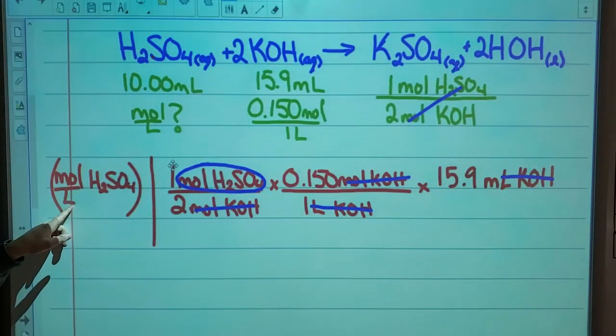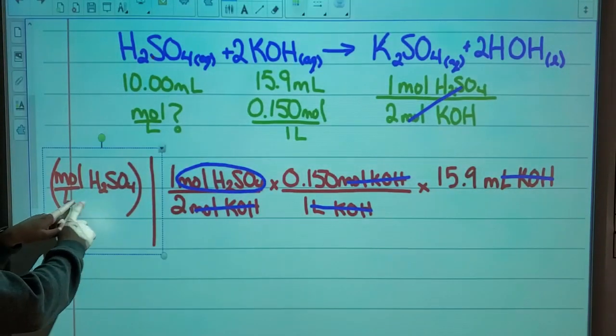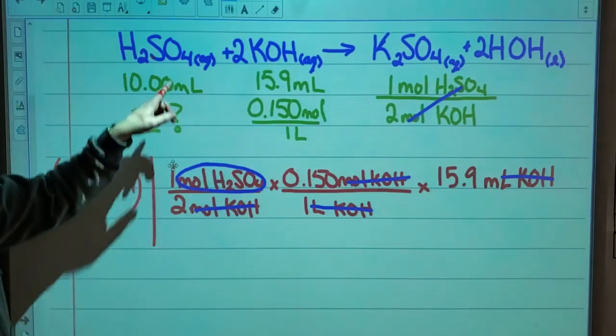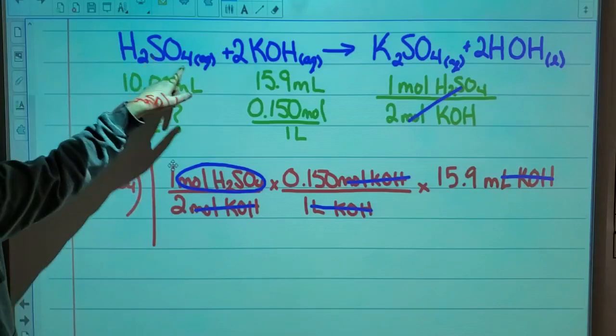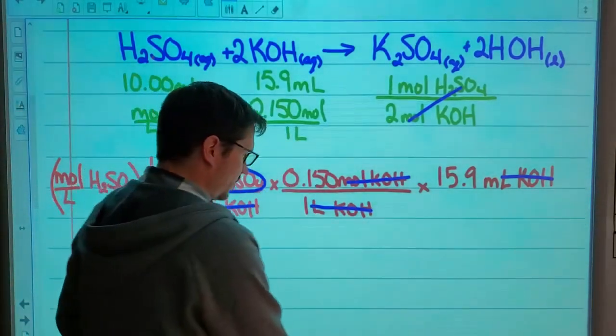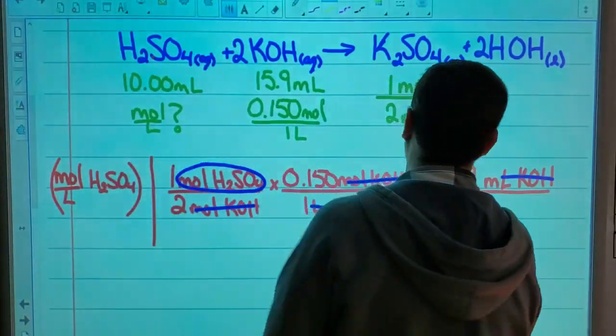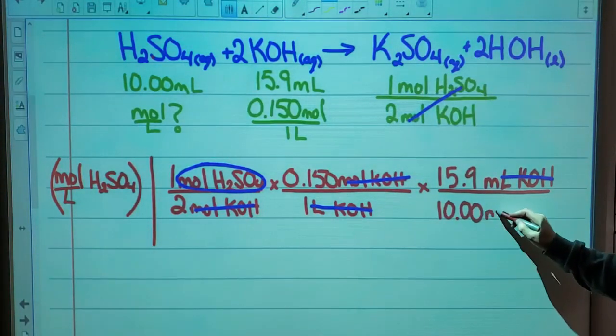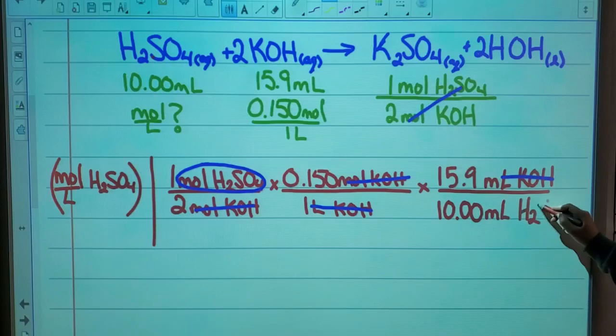But what do I want on the bottom? I also want liters of sulfuric acid on the bottom. So let's look for liters of sulfuric acid and let's put it on the bottom. So we put it down here: 10.00 milliliters of H2SO4.